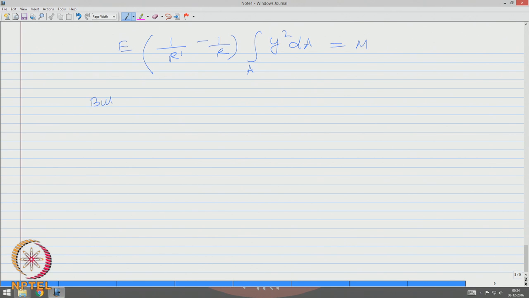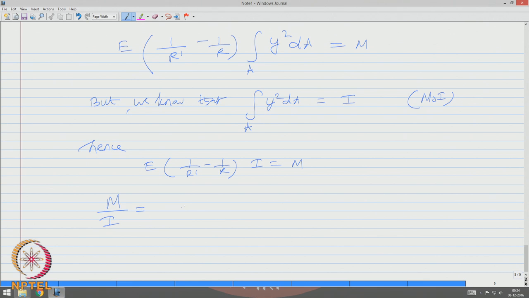But we know that integral y square dA, the second moment of area, is actually moment of inertia, and hence E (1 by r dash minus 1 by r) into I is M, that is M by I is E times of (1 by r dash minus 1 by r).